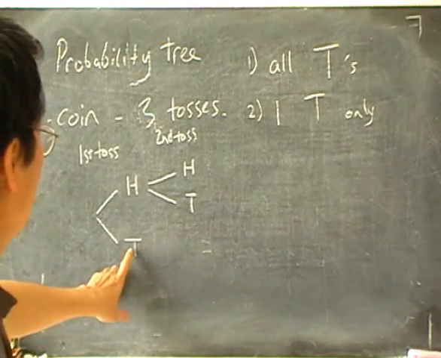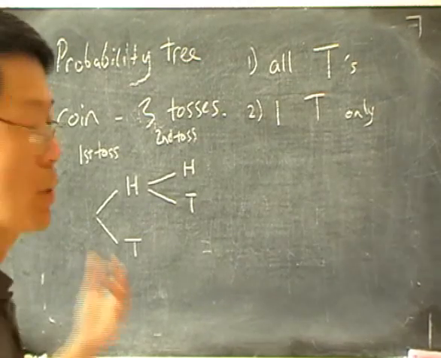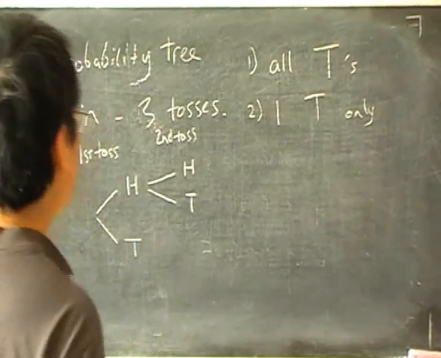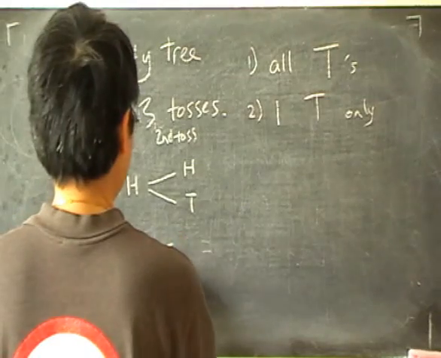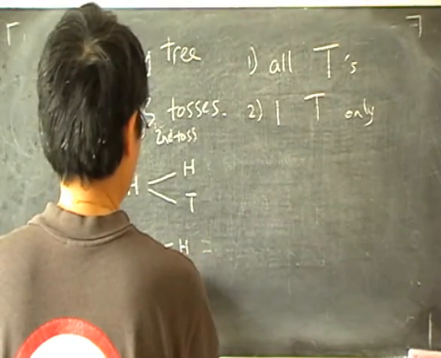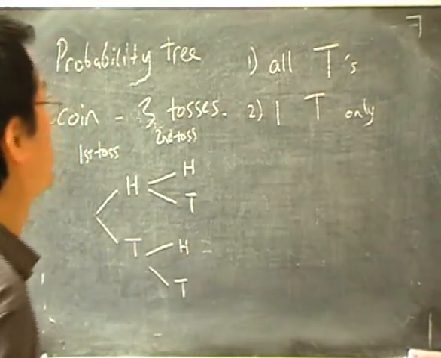If I get a tail on the first toss, then when I toss it the second time, I can also get either a head or a tail.